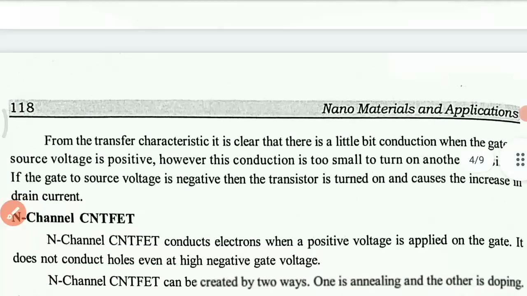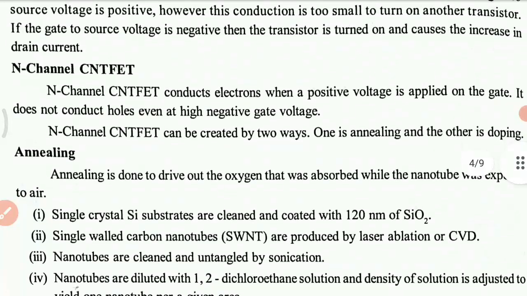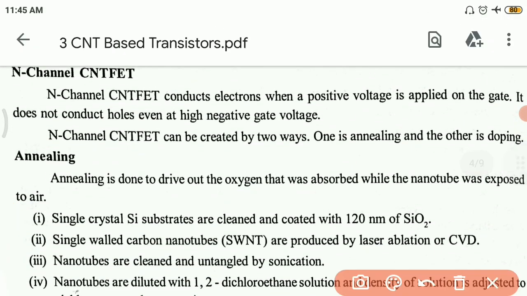The next one is the n-channel CNT FET. From the name, it suggests that it will conduct electrons, like in the case of an n-type transistor, where the majority charge carriers are electrons. So the n-channel CNT FET will conduct electrons when a positive voltage is applied on the gate, and it does not conduct holes even at high negative gate voltage, just the reverse of the p-channel CNT FET.